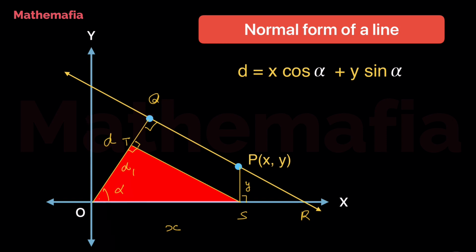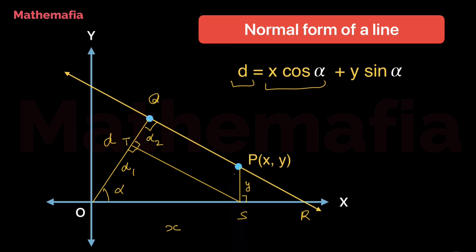Let's say TQ is D2. So ultimately we have to find the value of d, which is D1 plus D2. From this right angle triangle, I can find the value of D1 in terms of alpha and x. So I will get this.